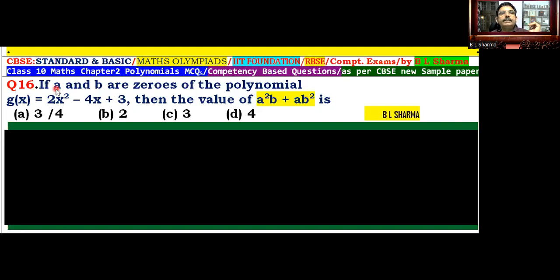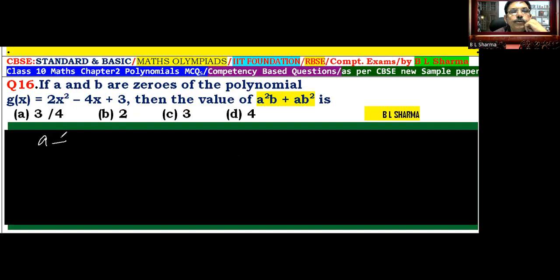The question is, if a and b are zeros of the quadratic polynomial 2x square minus 4x plus 3, then find the value of a square b plus a b square. For that, we know that sum of zeros, here zeros are a and b.